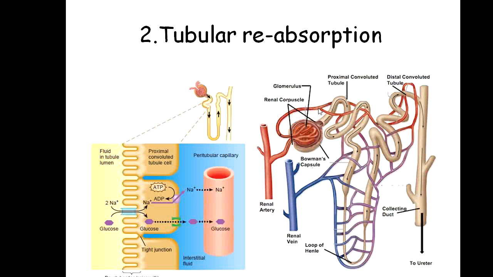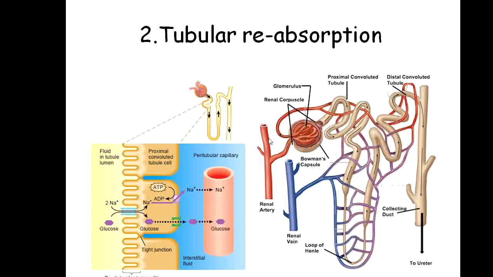This efferent arteriole goes around, intermingled around the proximal convoluted tubule and distal convoluted tubule, and also around the descending and ascending tubule.